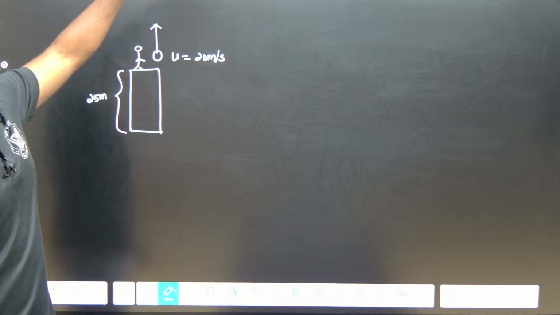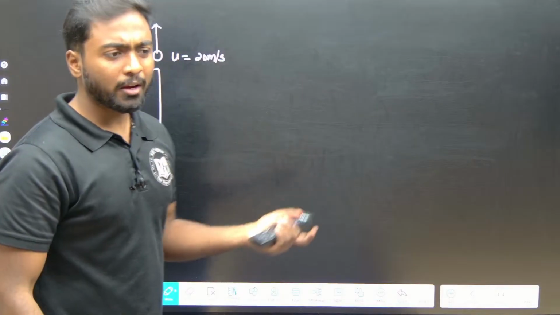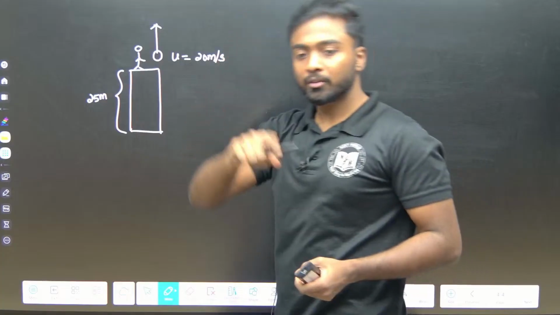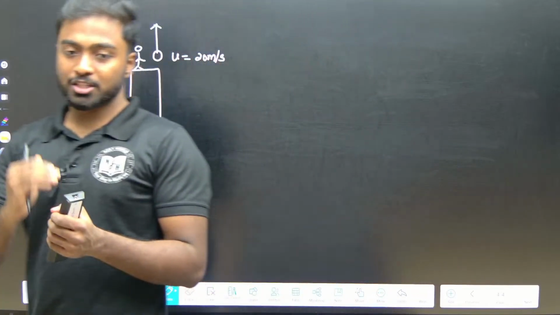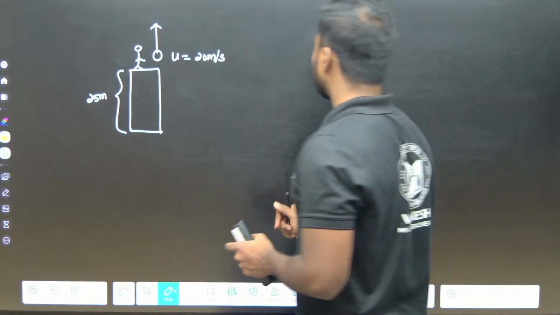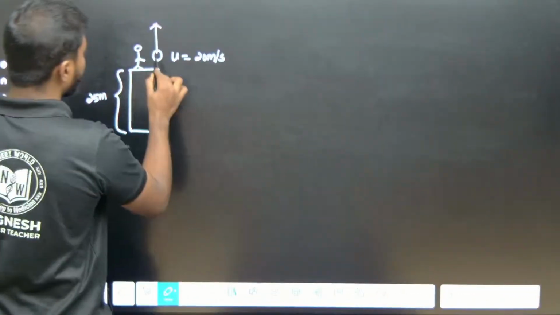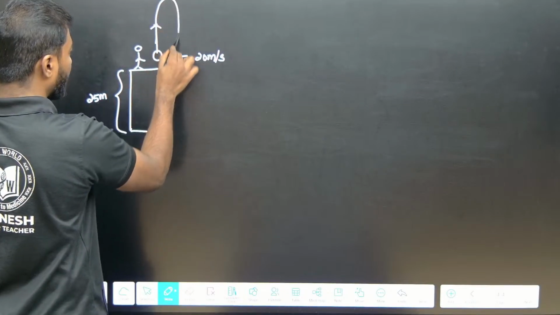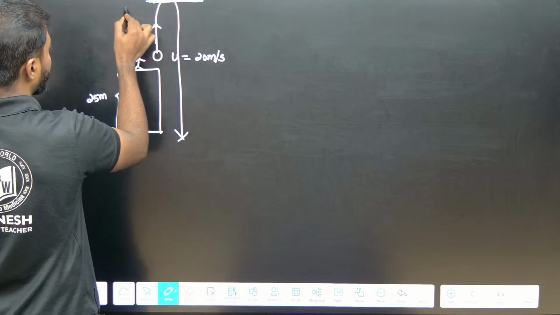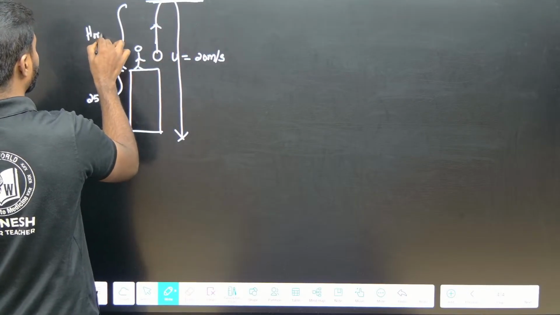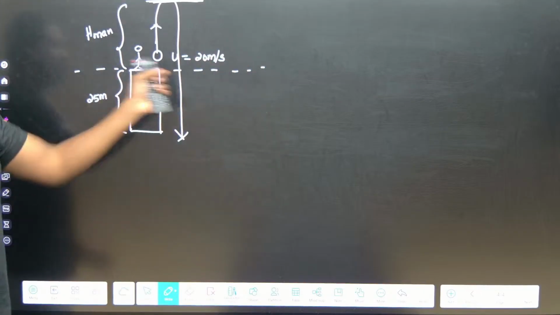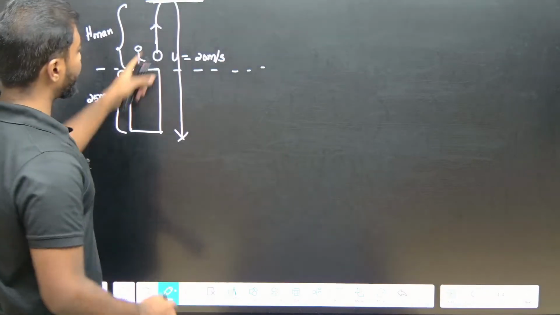Once the ball reaches maximum height, the velocity will become 0. It can reach some point and then it will come down. This point is called the maximum height, H max, from the top of the building. So I can find this easily.